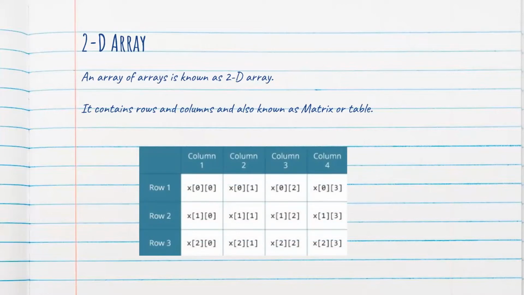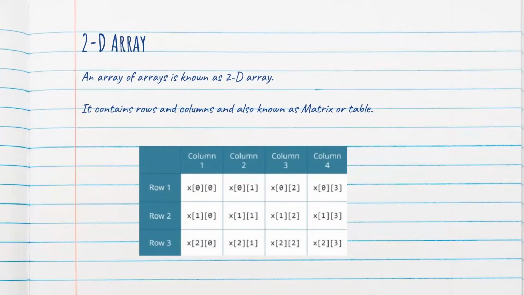You must remember that when I discussed 1D arrays, I told you that the first index of every array is 0, and then it moves on.